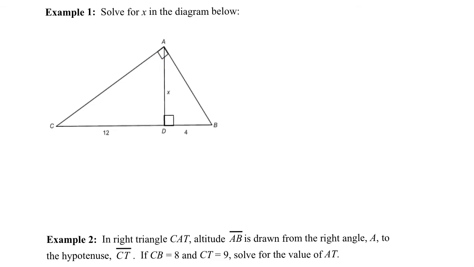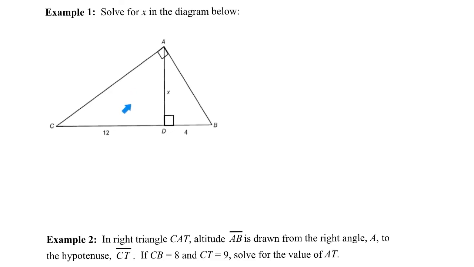So here's the right triangle, A, B, C. You can see the right angle right here. Remember that an altitude is drawn from a vertex to the opposite side and it's perpendicular to the opposite side, which is why there's a right angle right here. So this is the general picture. And so what happens is now there's three similar triangles here.